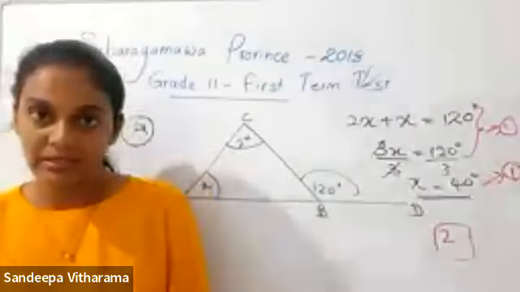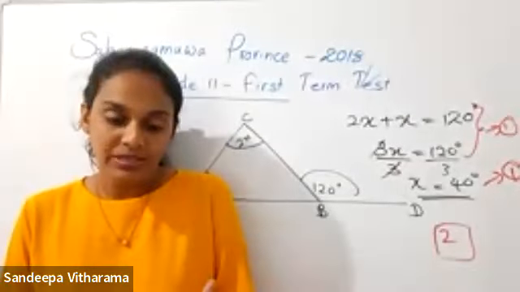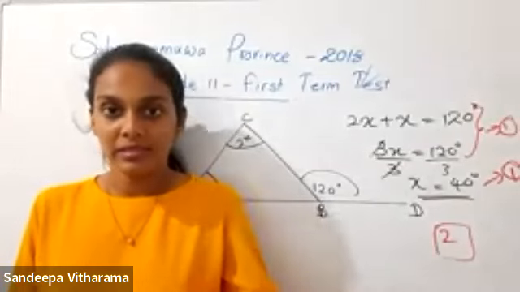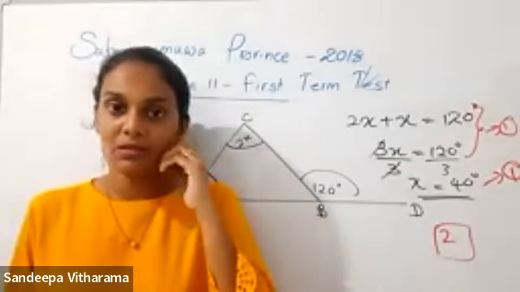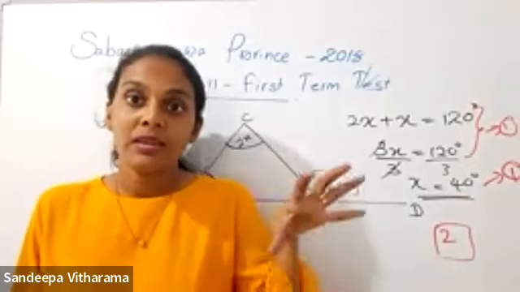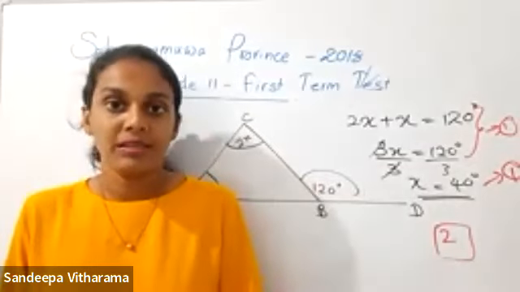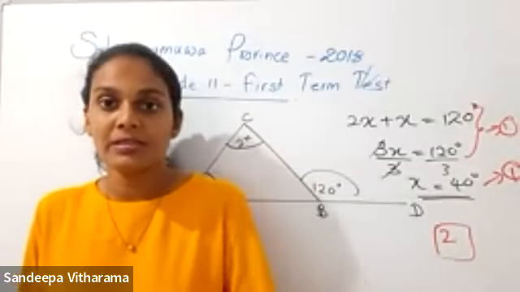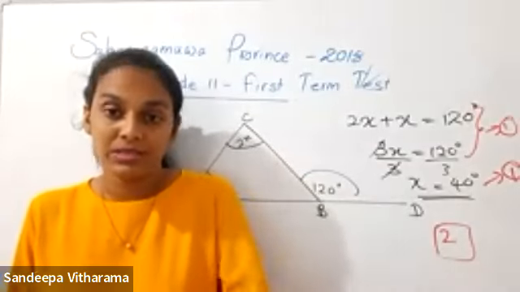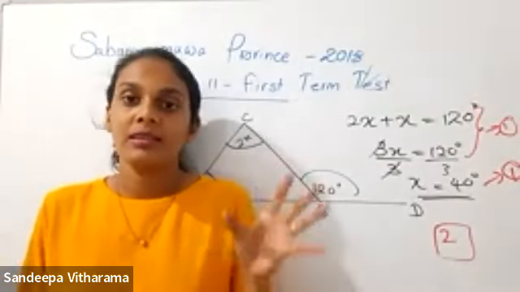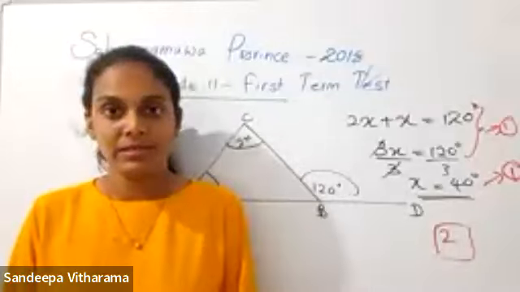If it is 1 point and a constant distance, it is a circle. If there are 2 points and equidistance, then it is a perpendicular bisector.